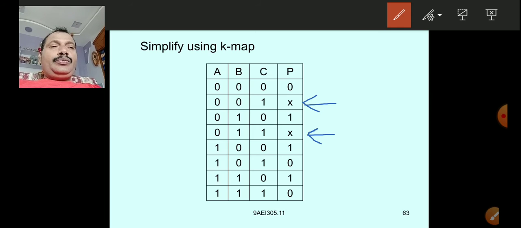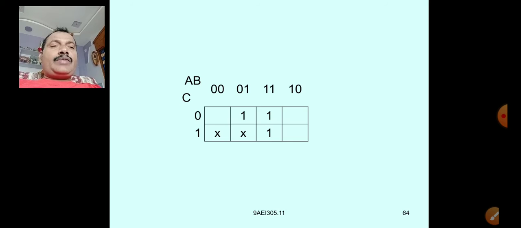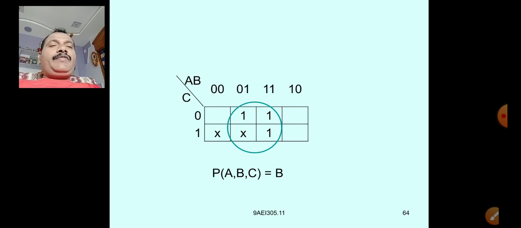If this is so, then how to do such problems and make use of don't care conditions in simplifying the Boolean expressions? For example, we have filled these in the respective cells of the K-map. After that, if you do not consider don't care, then only two pairs are possible.